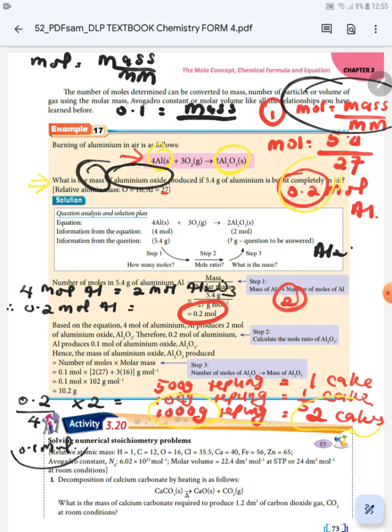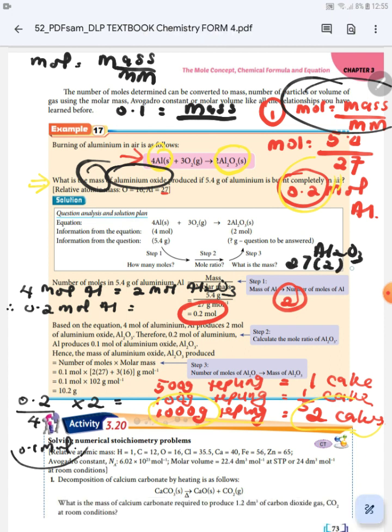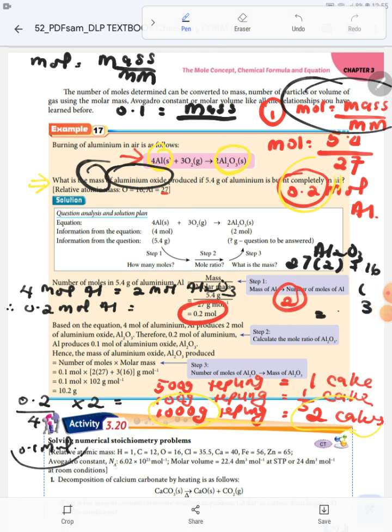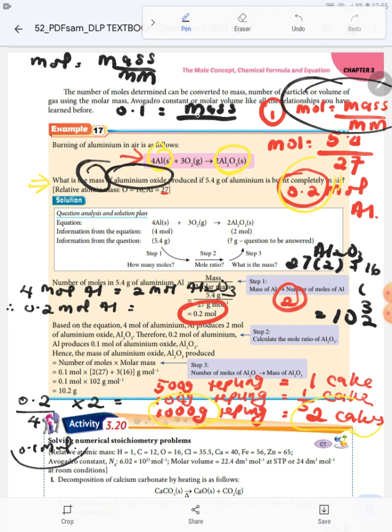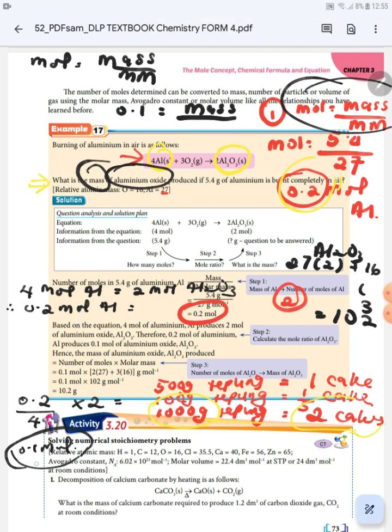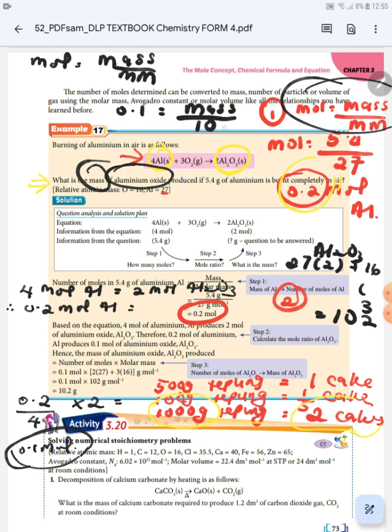So, molar mass of aluminium oxide, macam mana kita nak kira? Al2O3. The RMM of aluminium is 27. So, 27 times 2 plus 16 times 3. Kita akan dapat molar mass is 102. So here 0.1 is the number of mole of aluminium oxide we calculated, equals to mass over 102.